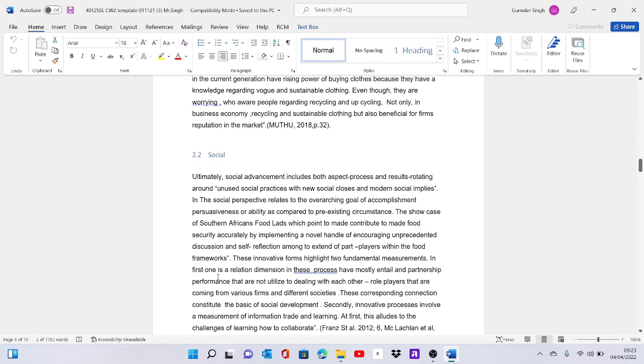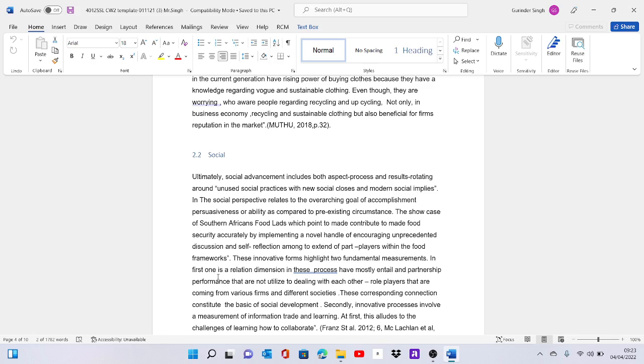This showcase of Southern African food led to a contribution to food security by implementing a novel approach of increased decision making and self-reflection among the range of players within the food framework.